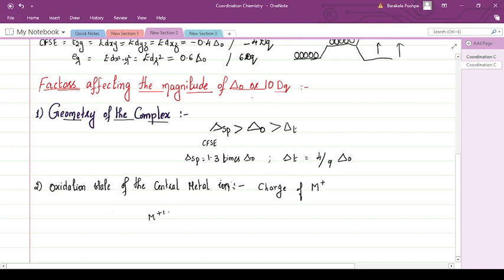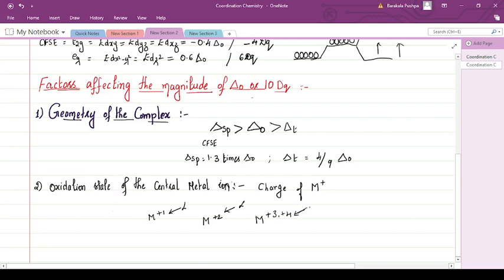Minimum attraction can take place between a ligand and the central metal atom. Suppose this same metal has a plus 2 charge, the attraction between the ligand and the central metal will be a little more. And if it has a higher charge, maybe plus 3 or plus 4, what happens here?